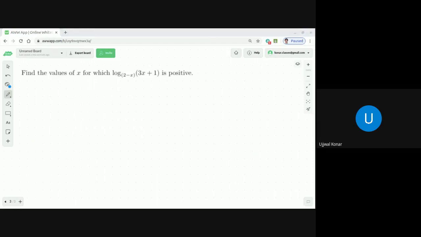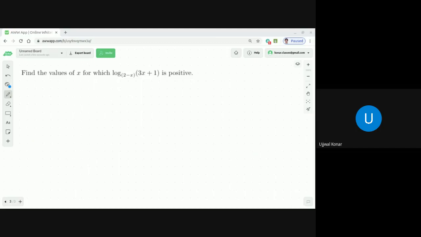Now, dear students, let's deep dive into that log. If that log has to be positive, then what has to be done? It depends on the base. If the base is greater than 1, then 3x plus 1 also has to be greater than 1.